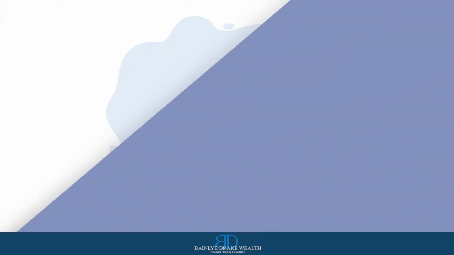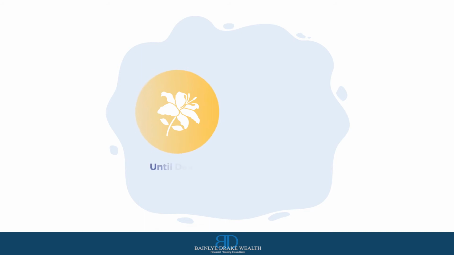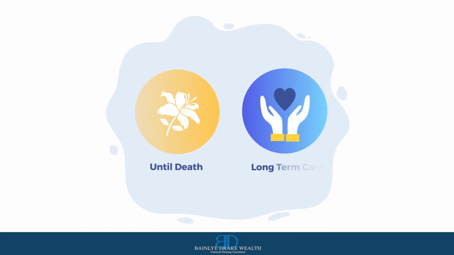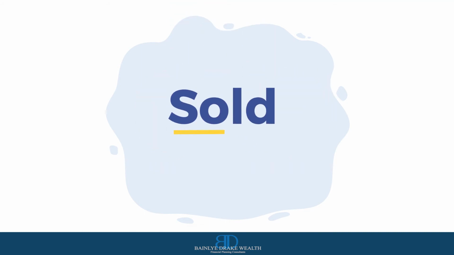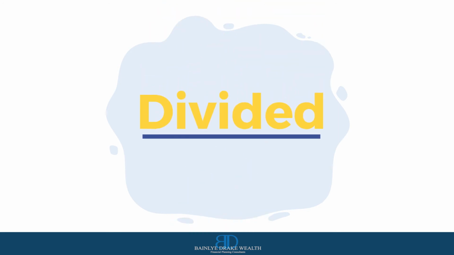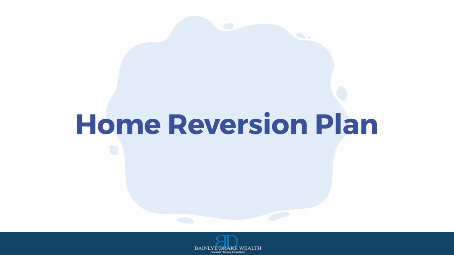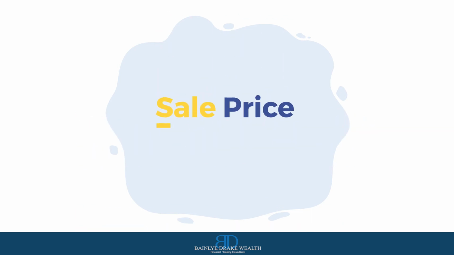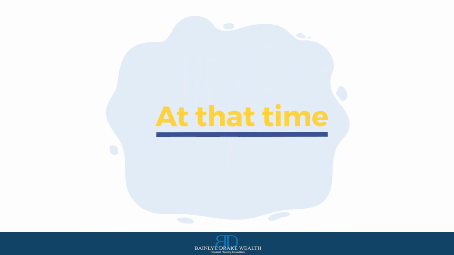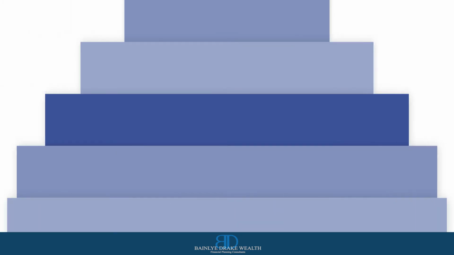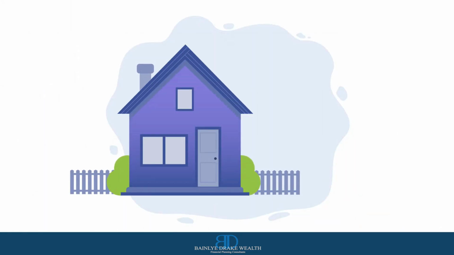The tenancy will guarantee your right to remain in the property until death or having to go into long-term care. Then the property is sold and the proceeds of the sale are divided between your estate and the home reversion scheme provider, who will receive the value of their share based on the sale price of your property at that time.